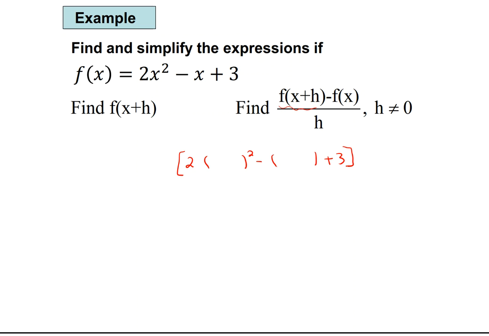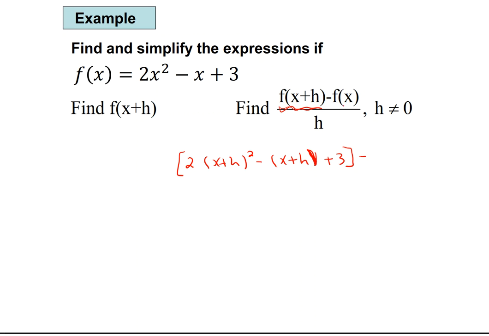So I have 2 (x plus h) squared minus, instead of minus x, it's going to be minus (x plus h) plus 3. Everywhere that I see an x for this f of x plus h, I need to replace the x from the function with x plus h.